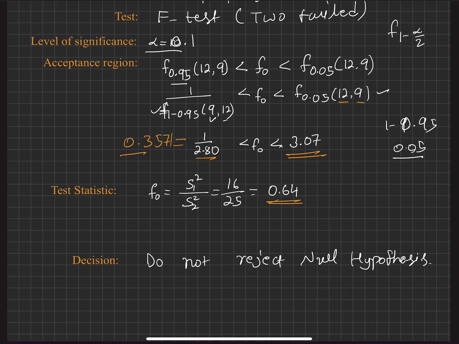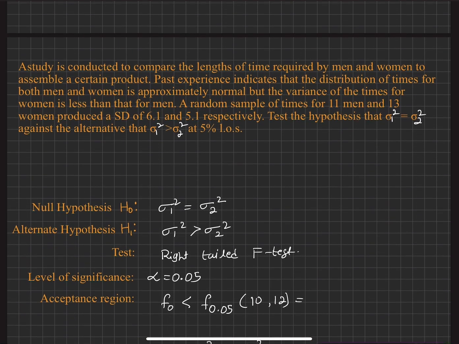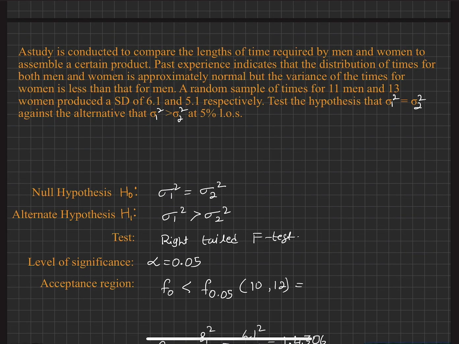Okay. Let us check one more problem on this. A study is conducted to compare the lengths of time required by men and women to assemble a certain product. Past experience indicates that the distribution of times for both men and women is approximately normal, but the variance of the time for women is less than that for men.